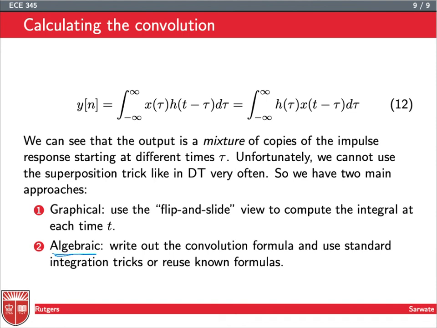And then the algebraic approach, where you just manipulate integrals and do some calculus, and hopefully the calculus is fairly straightforward and you get the output. So we're next going to look at these two different ways of computing the convolution, and in doing so we'll see how things are similar and different from the discrete time case.